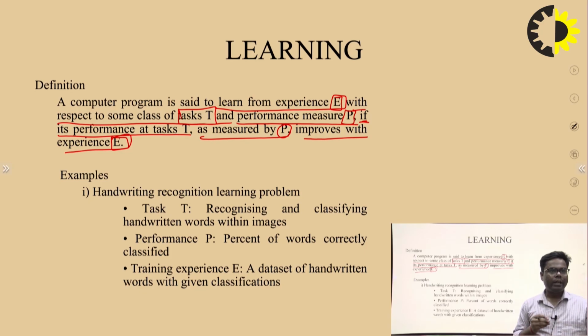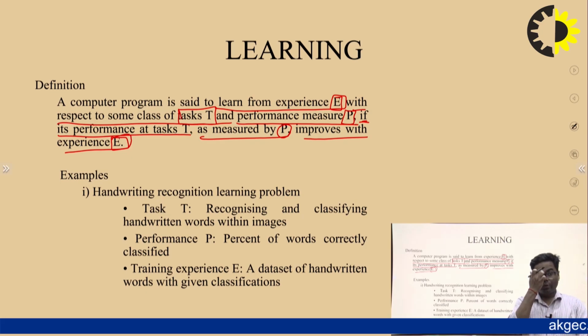So here are some examples of machine learning. First is the handwriting recognition learning problem. There is a task, a performance measure, and the training experience E. The task is recognizing and classifying handwritten words within images, and the performance is the percentage of words correctly classified.